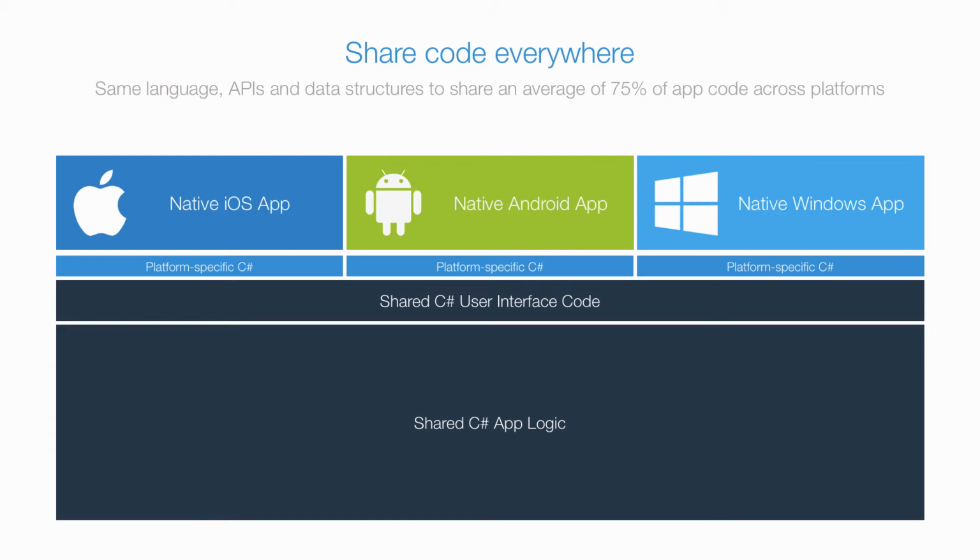This means that we can have 75% code that will work in iOS, Android, and even Windows applications. Without doing anything else, that 75% of our code will just work.